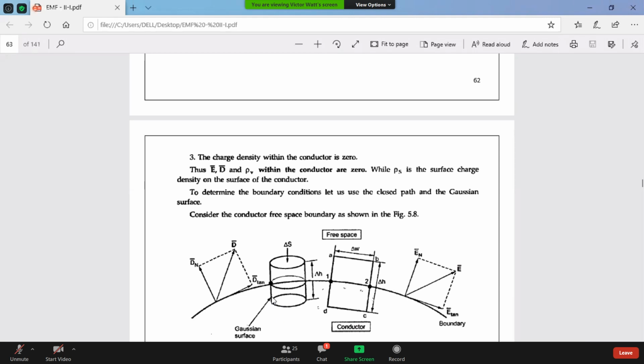All right. We're going to do something here now. This is your conductor, right? First thing we're going to do, we're going to create a Gaussian surface. So we put a cylinder around here, right?